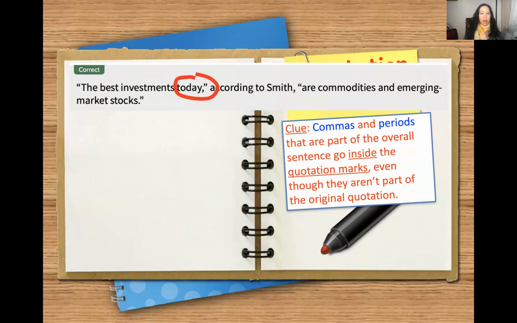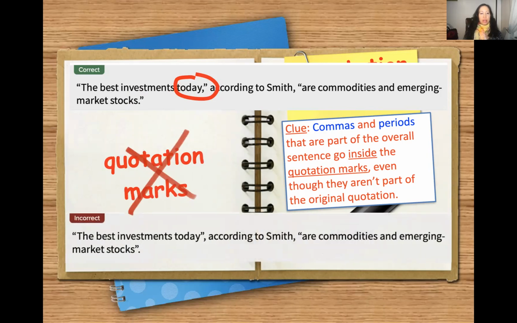You see the comma after today and then the ending quotation marks. When you don't use quotation marks correctly, you notice that the comma is after the ending quotation mark after today. You see how that's incorrect? We don't want to do that.